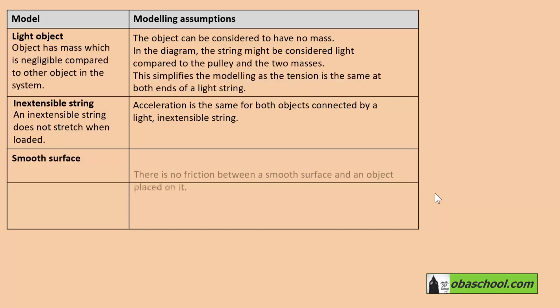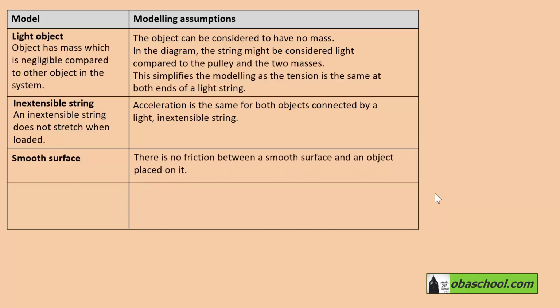A smooth surface. There is no friction between a smooth surface and an object placed on it. So the only forces acting here would be its weight and the reaction force from the surface. If we apply a force, it will just accelerate this way, and F equals ma.